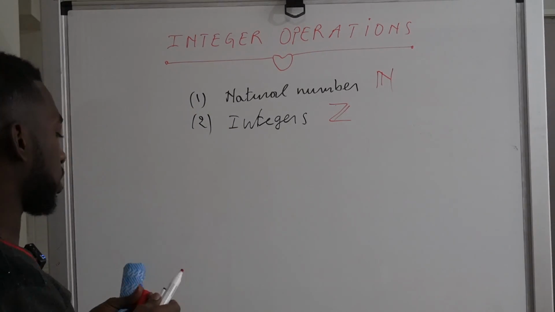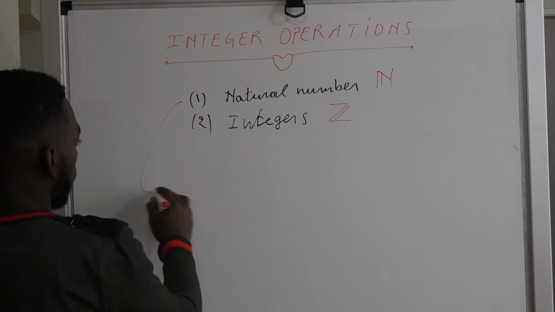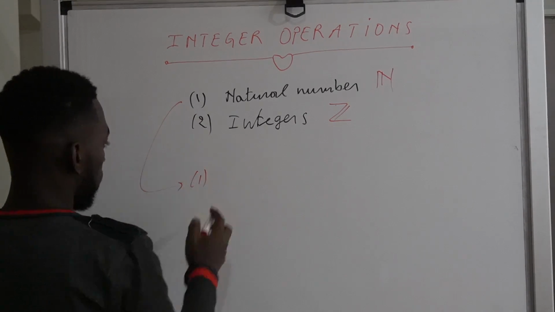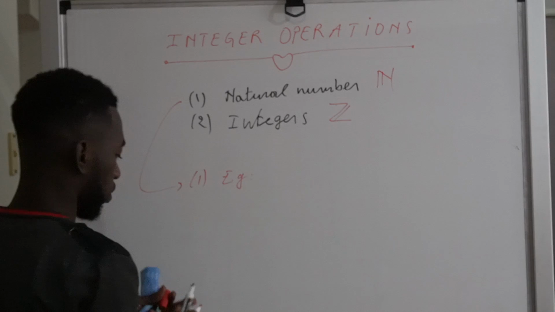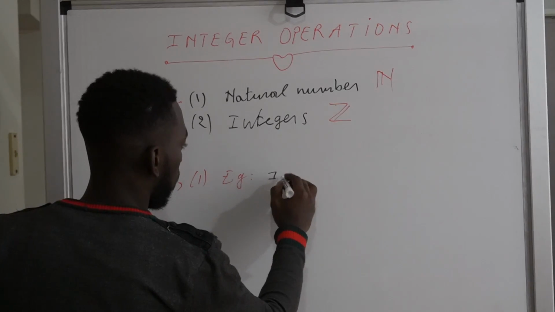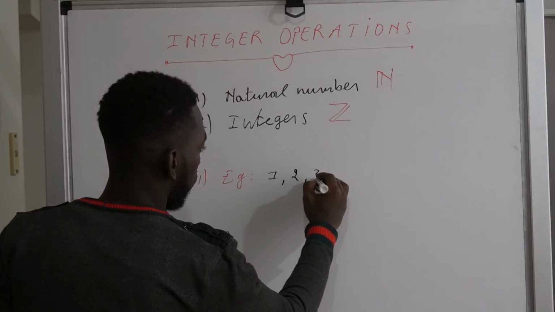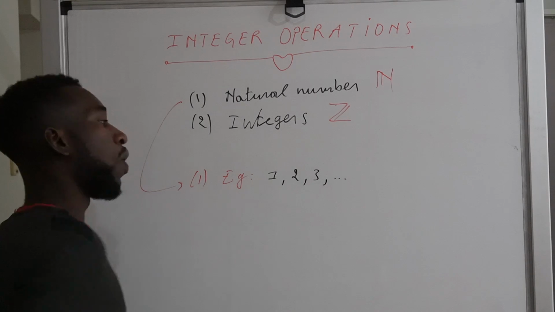Now let's look at some examples of natural numbers. For number 1, examples: we could have 1, 2, 3, and so on.